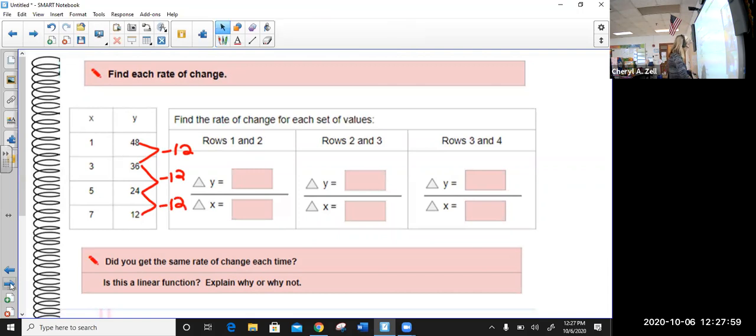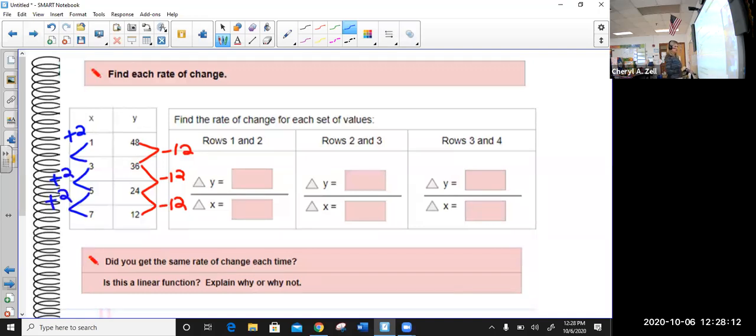If I look at my X values, 1 to 3, that's a +2. 3 to 5, that's a +2. 5 to 7 is a +2. So if you look at rows 1 and 2, my change in Y is a -12, and my change in X is a +2.